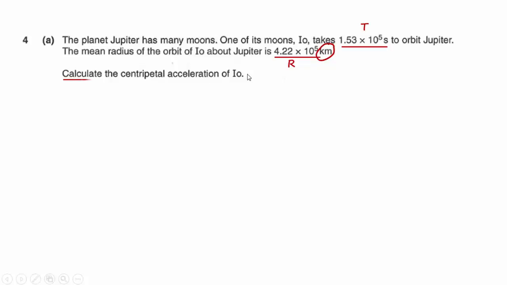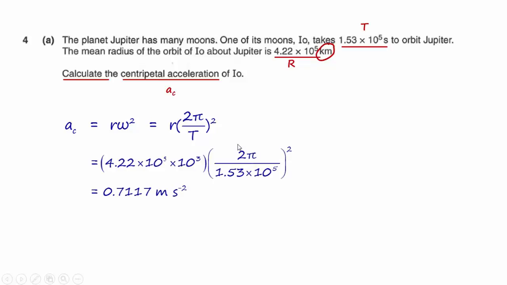You are asked to calculate the centripetal acceleration of Io. We know that centripetal acceleration can be written as r omega squared, and omega itself can be written as 2 pi over T. So this is a straightforward calculation in which we can just plug in the values.